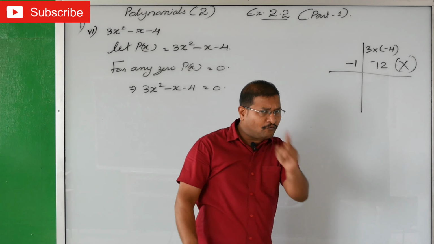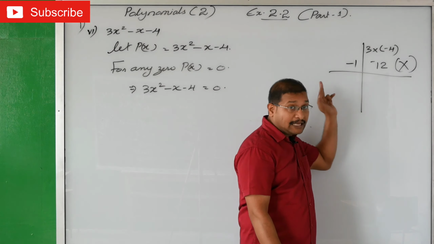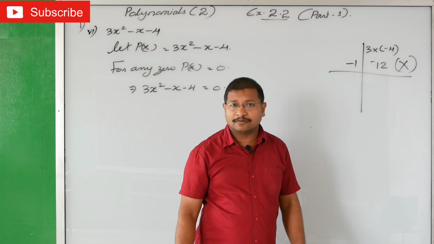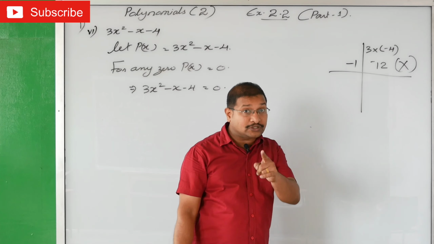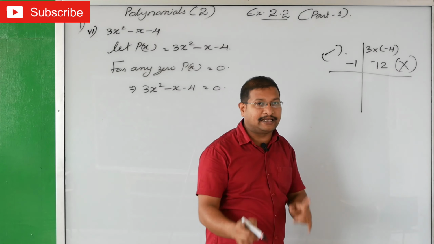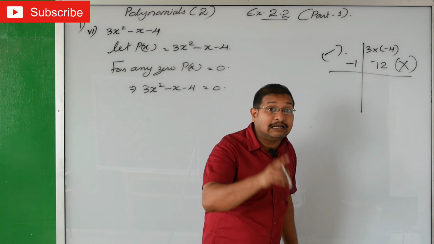It shows that one of the numbers is minus. Next one, addition. Here you are going to get only subtraction because plus into minus is minus. Now this place you got minus means the bigger number is minus.